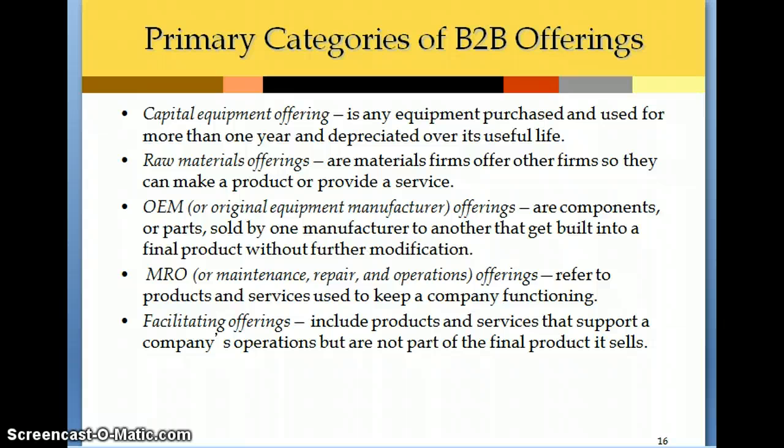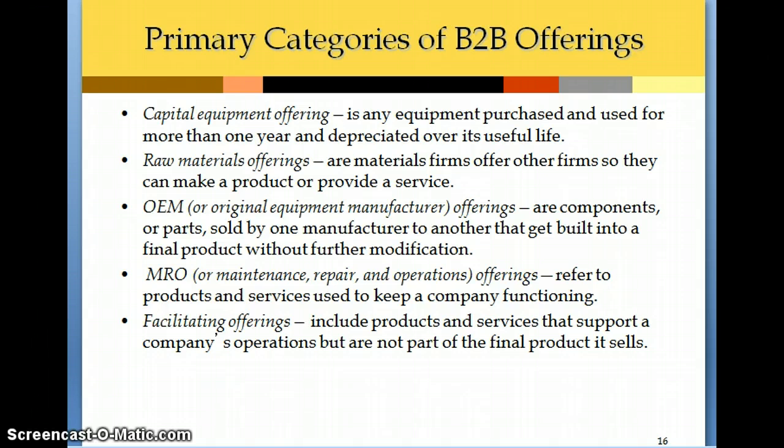Number two, raw materials offerings, OEM offerings, MRO offerings, and facilitating offerings. A capital equipment offering is any equipment purchased and used for more than one year and depreciated over its useful life. Marketing is usually done directly with companies since the purchasing decision can be complex and involve many different departments.